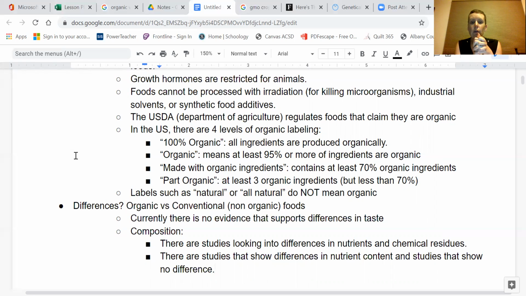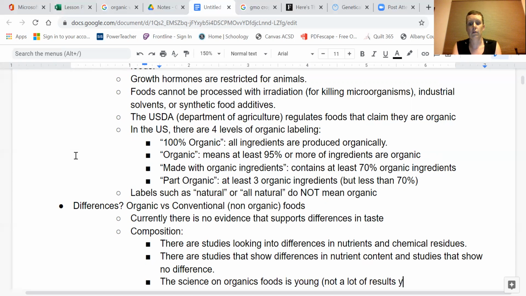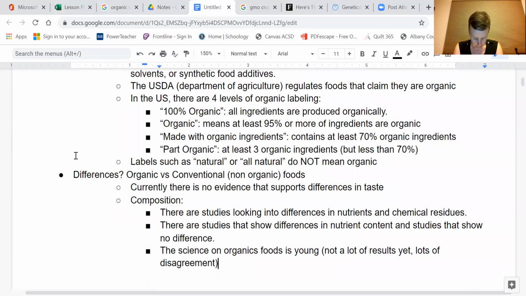So you can find studies to show that the nutrient profile of a tomato that's organic versus a tomato that's not is different. You can show that. Or you can find a study that shows they're the same. And so we're going to just say the science on organic foods is young. It's not a lot of results yet. Lots of disagreement.